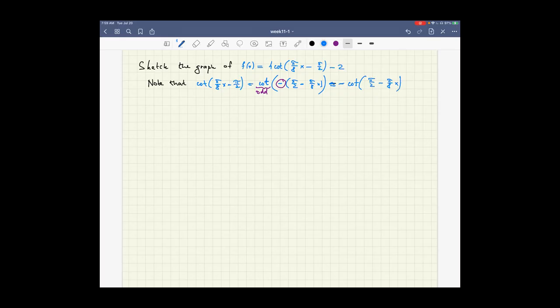The whole point of this transformation is to now use the co-function identity. Because as we know, cotangent of pi over 2 minus x is tangent x, and likewise tangent of pi over 2 minus x is cotangent x, whenever these expressions make sense.